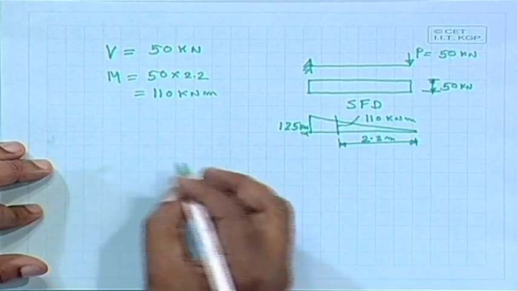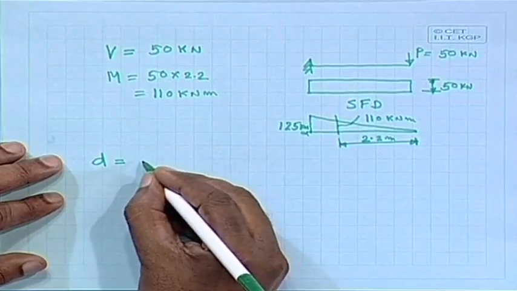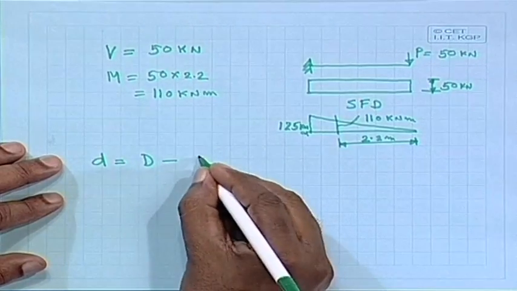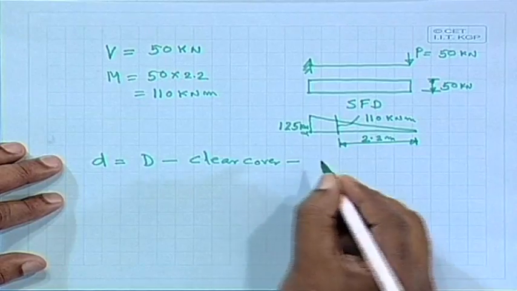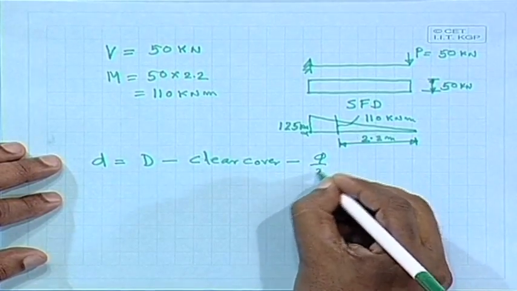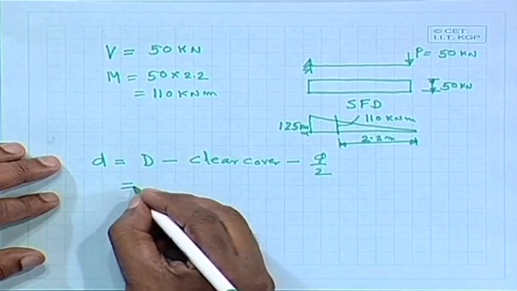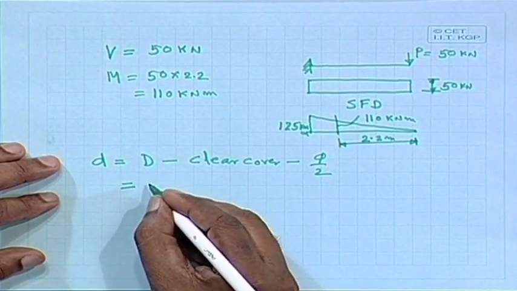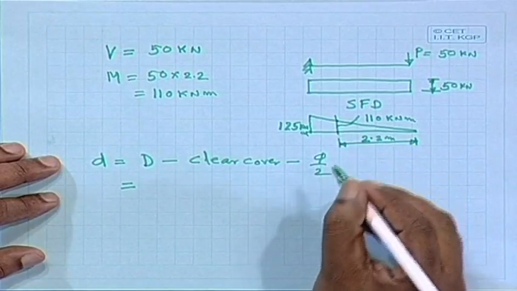What about D? D is equal to overall depth minus clear cover minus that, say, 25 by 2. Let us assume that we are using a 25 millimeter bar. So, what about D at this point?